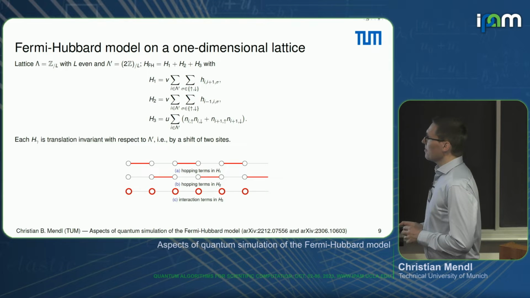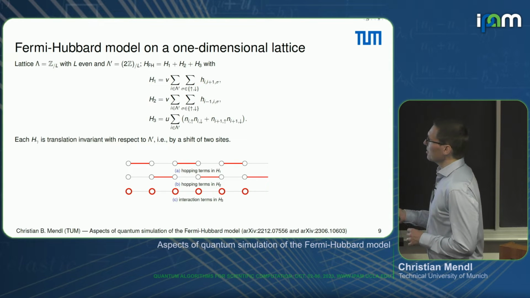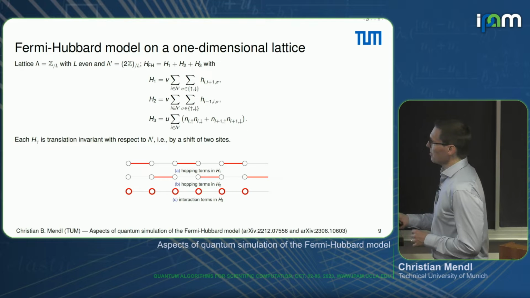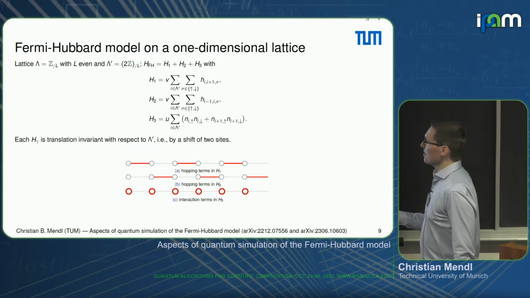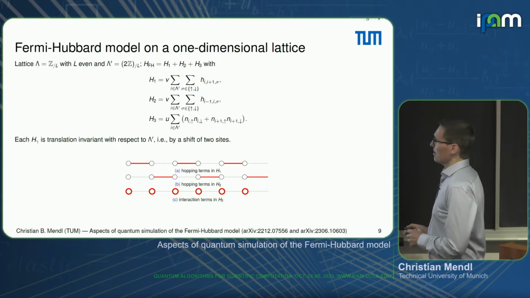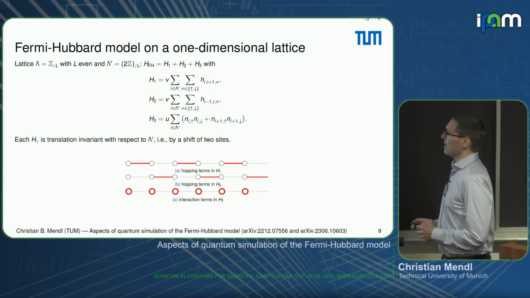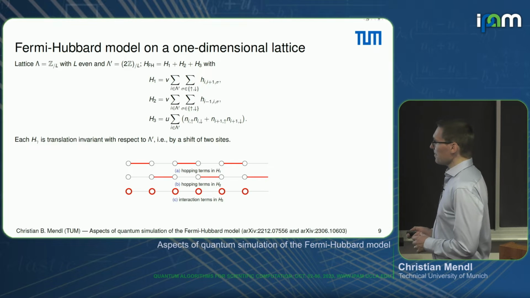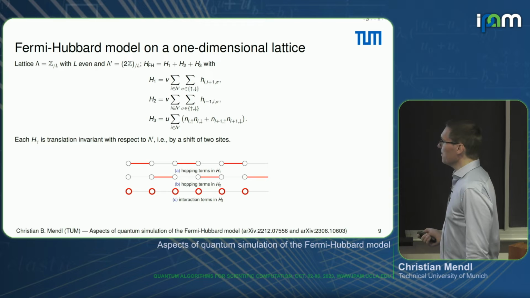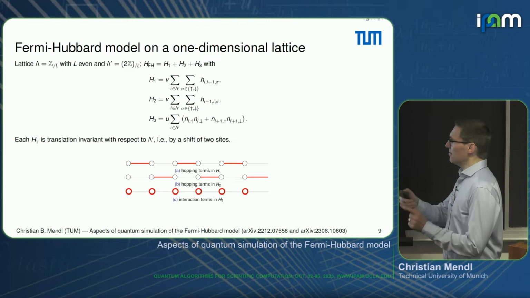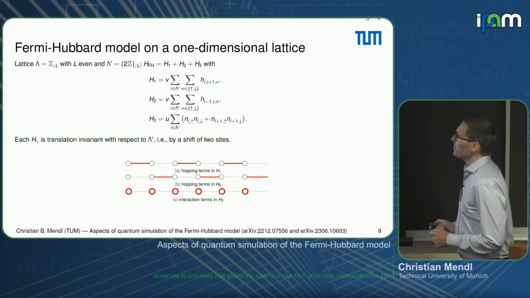The point is that I always write this as a sum, where this outer sum is over some sublattice lambda prime, which will also be relevant later on for actually evaluating these nested commutators. Here is again a visualization of H1, H2, H3. And lambda prime is basically every other lattice site.